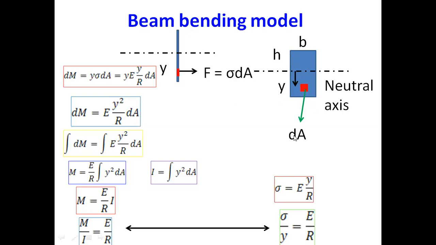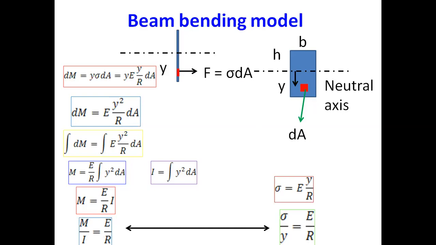This is a small area dA, and at this small area there is loading. There is compressive loading. There is tensile loading. Below the neutral axis, we would have a tensile load. Let's say this is the load on this small area at a distance y from the neutral axis, and this load is actually equal to sigma dA, because sigma is load per unit area.